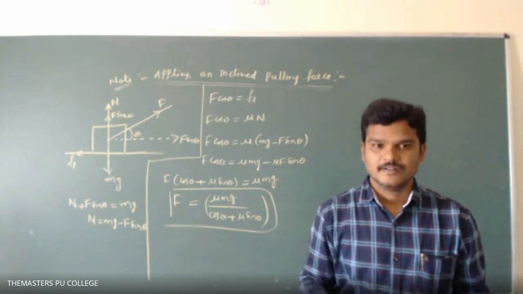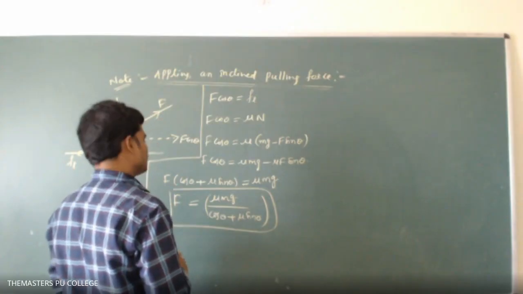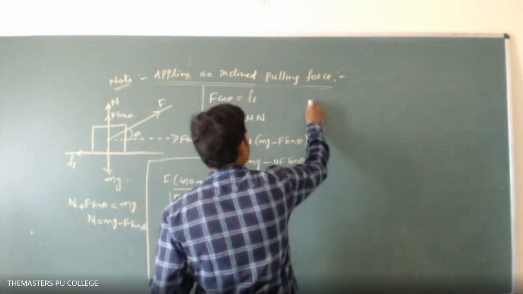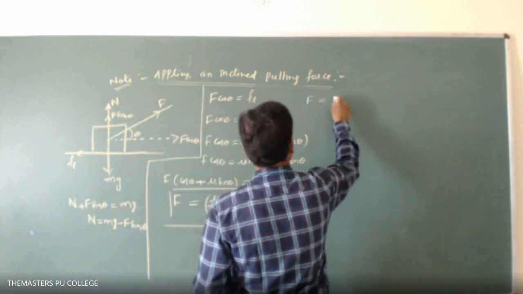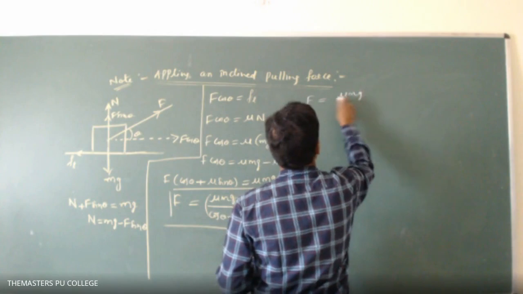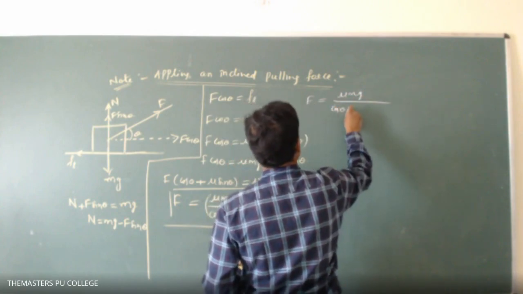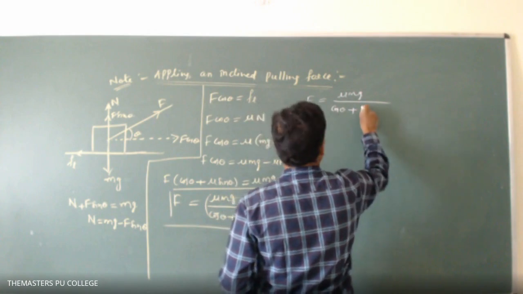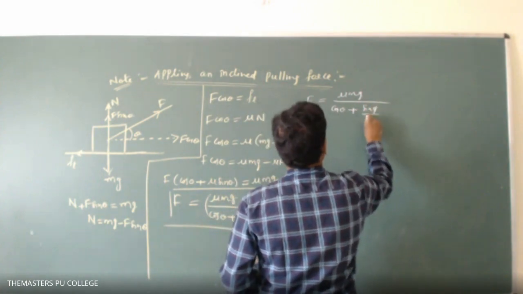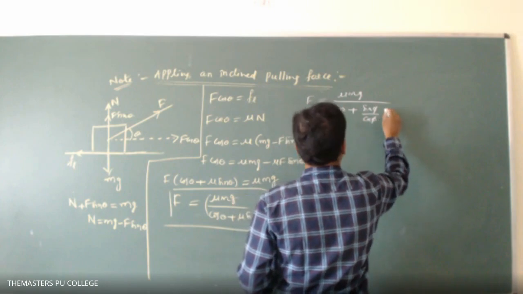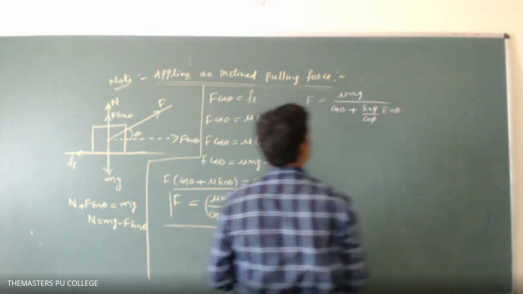We'll get F is equal to mu mg by cos of phi minus theta. Very good. Yeah, that's it. Correct, theta minus phi, phi minus theta, that's not a problem. So let me extend. F is equal to mu mg by cos theta plus sin phi by cos phi sin theta.